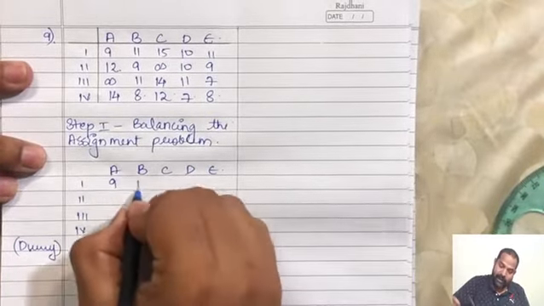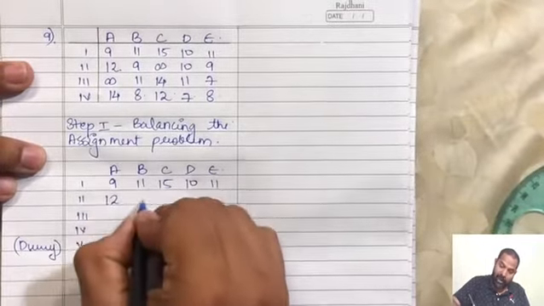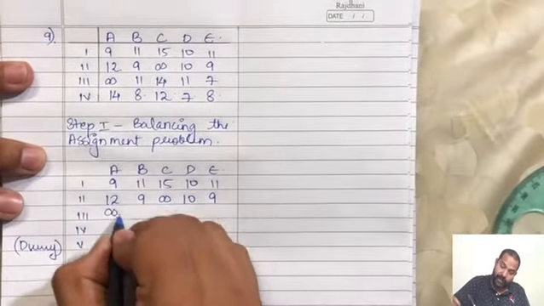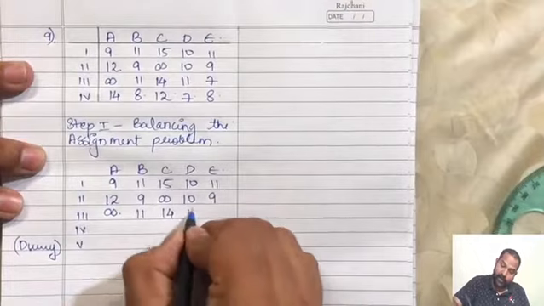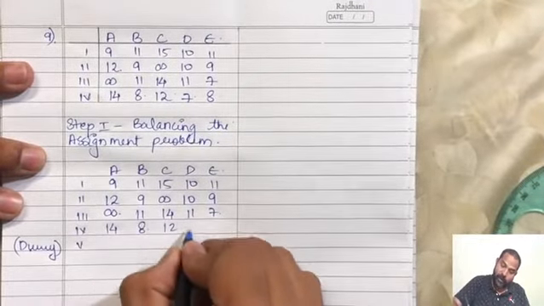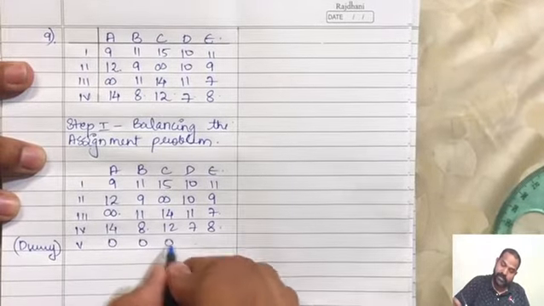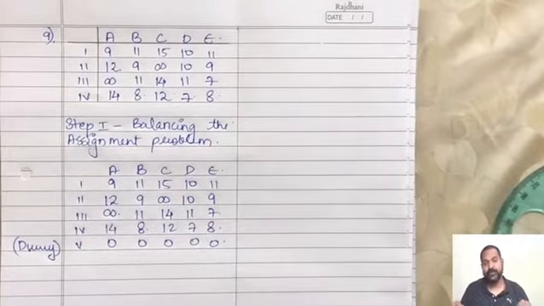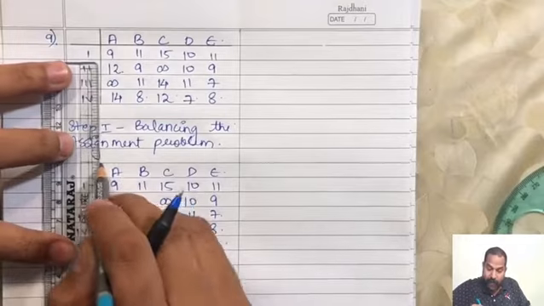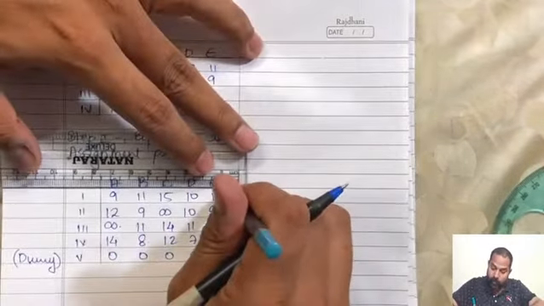So I have 9, 11, 15, 10, 11, 12, 9, infinity, 10, 9, infinity, 11, 14, 11, 7, 14, 8, 12, 7, 8, 0, 0, 0, 0 and 0. I have added a dummy row and made this problem a 5 row, 5 column problem.